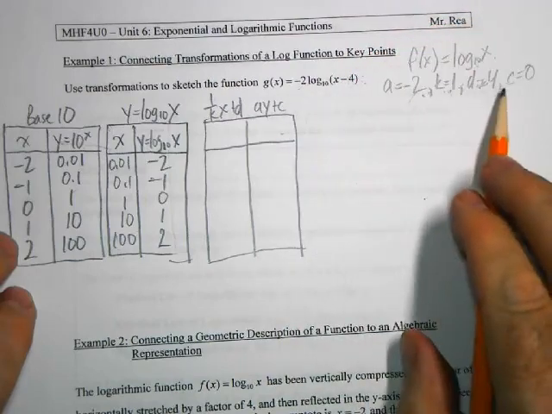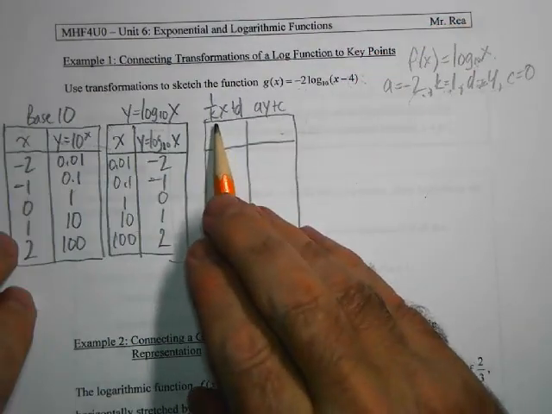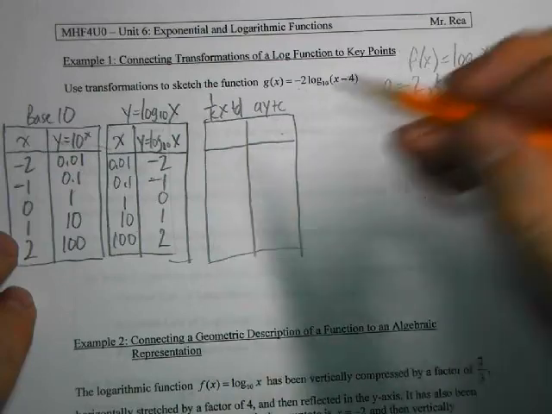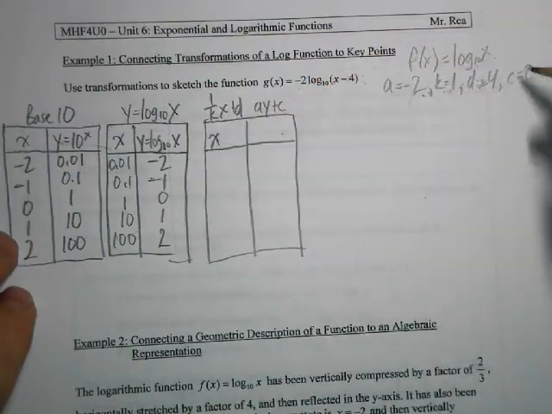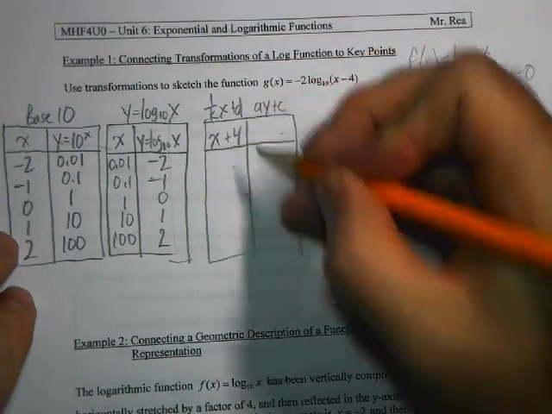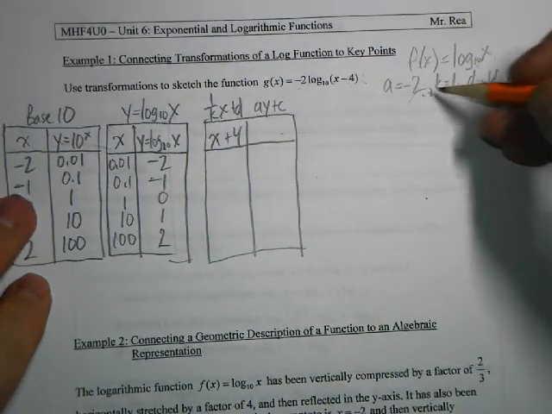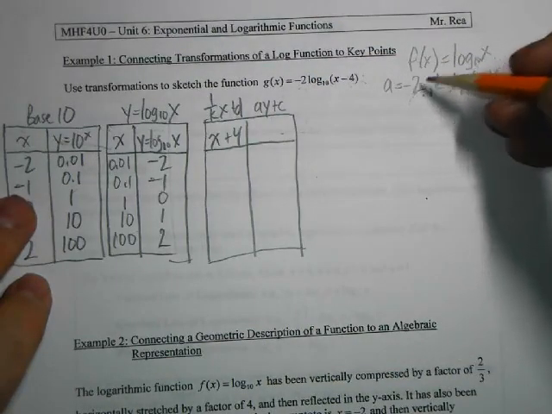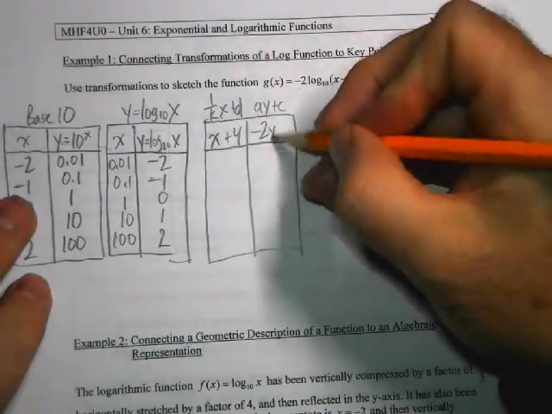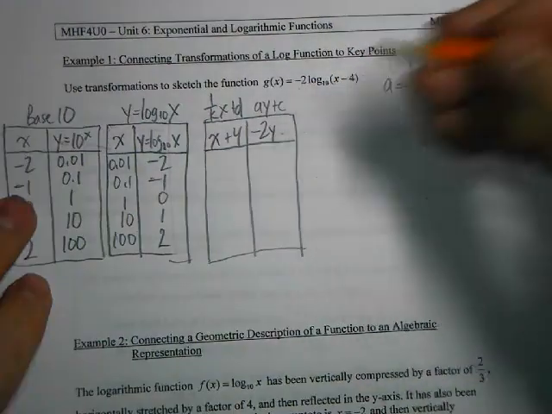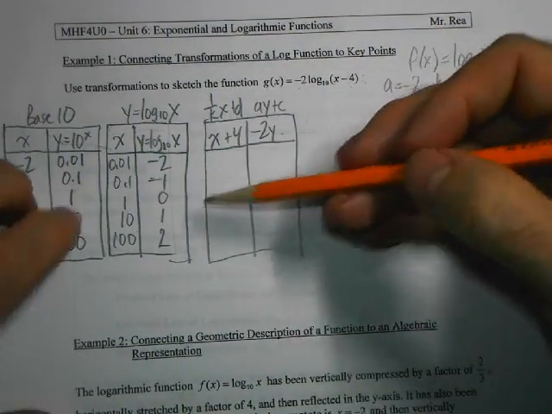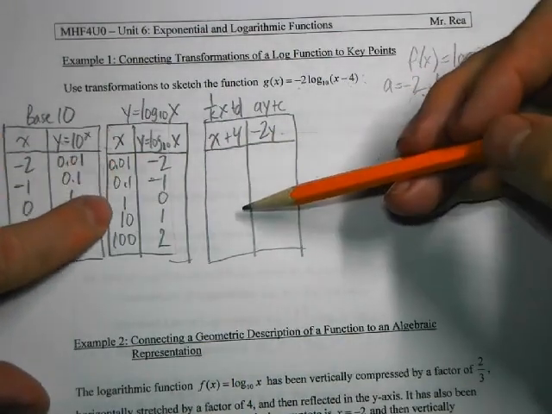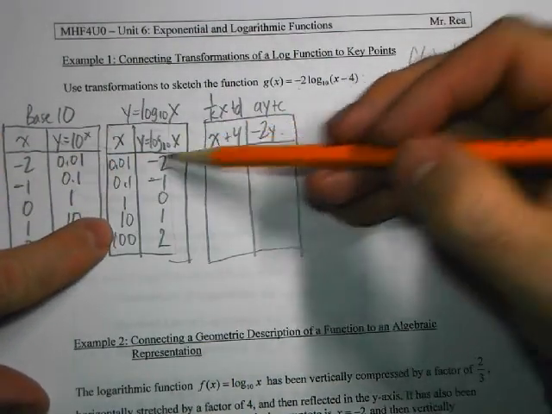So now if I just put these values in here, 1 over k would be 1, so it's just x, and then plus d would be plus 4. And then ay would be negative 2y, and plus c is plus 0, so it's just negative 2y. So now I take these x values here, and I add 4 to them.